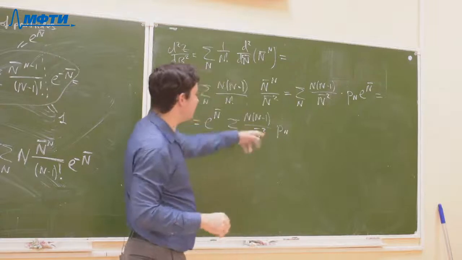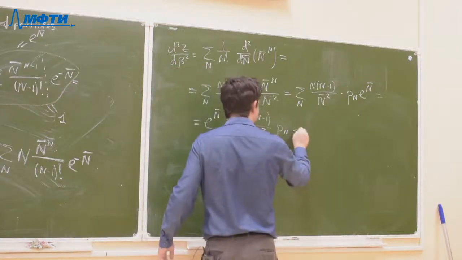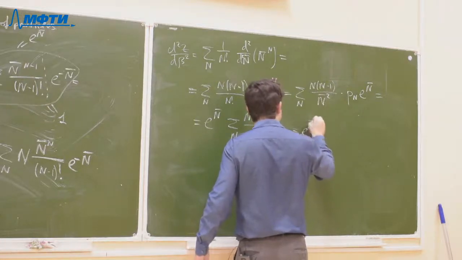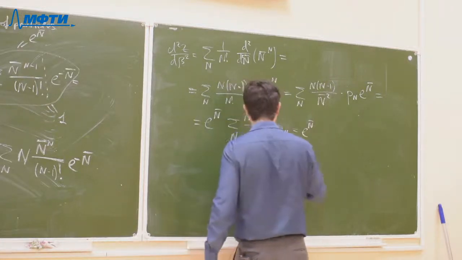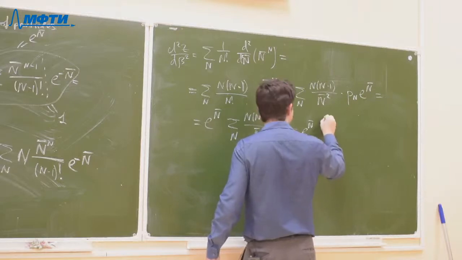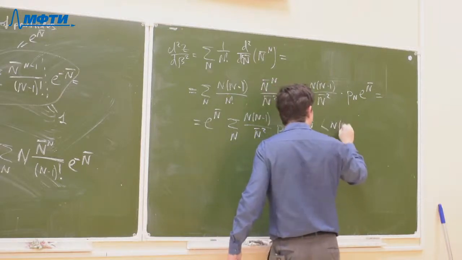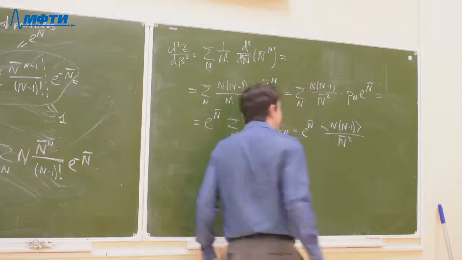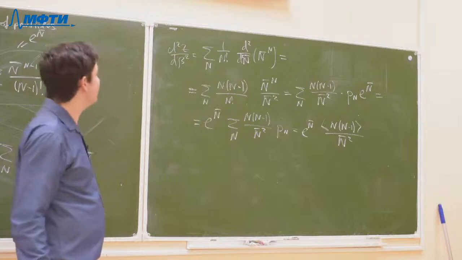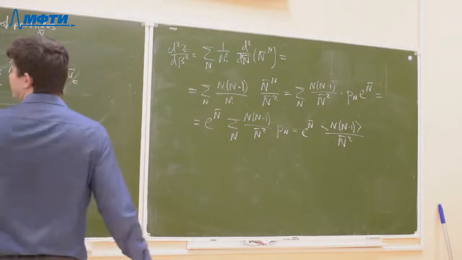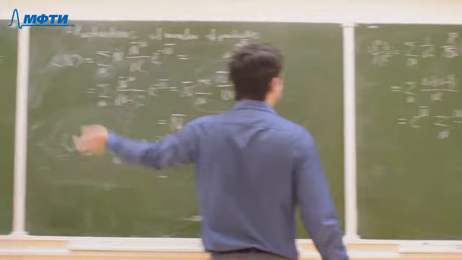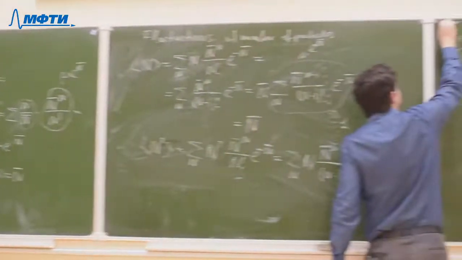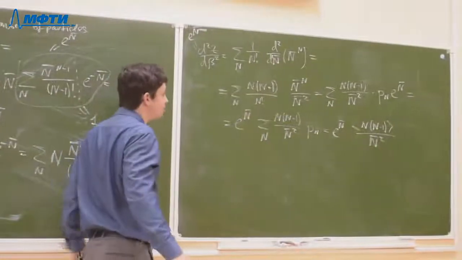This is actually the average of this number. So I have here e to the n average multiplied by the average of n times n minus 1 divided by this square. But as we know, if we take two derivatives of the exponent, we get exactly the same exponent. So this equals the same exponent.